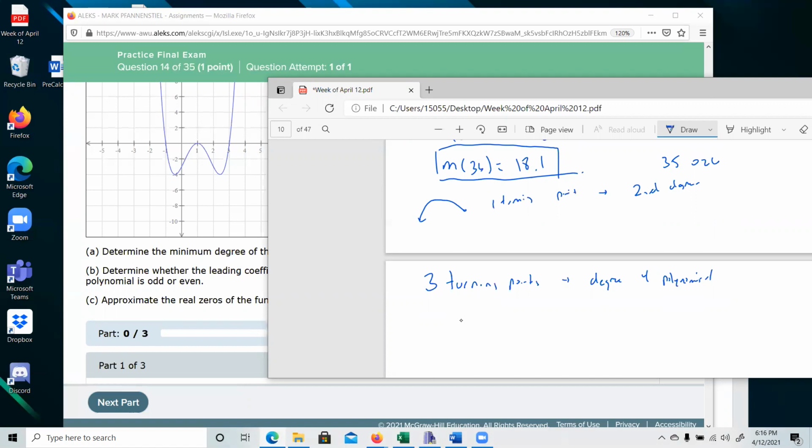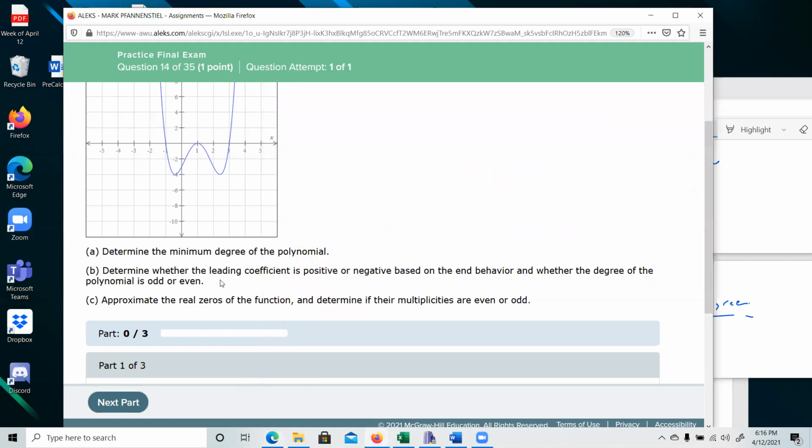You should know what a cubic looks like, just a basic cubic. We have 1, 2 turning points. Goes to a cubic. So 3 turning points, 3 plus 1 would be 4. We have a fourth degree polynomial here. So turning points plus 1, that's your minimum degree. So we know it's a fourth degree polynomial. Well, it may be more, but minimum degree is 4.